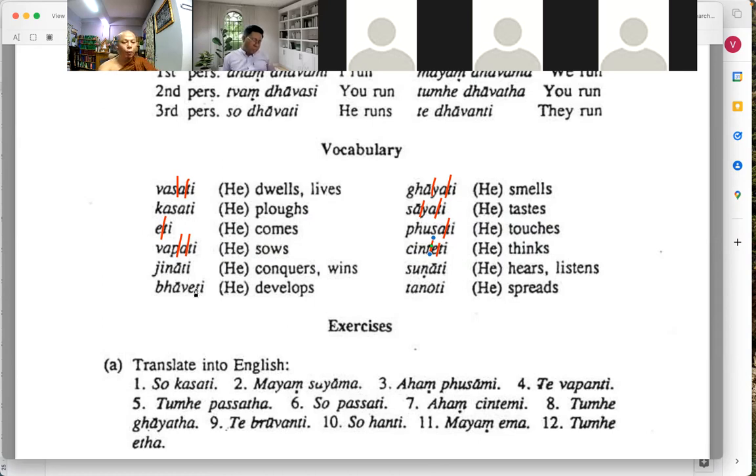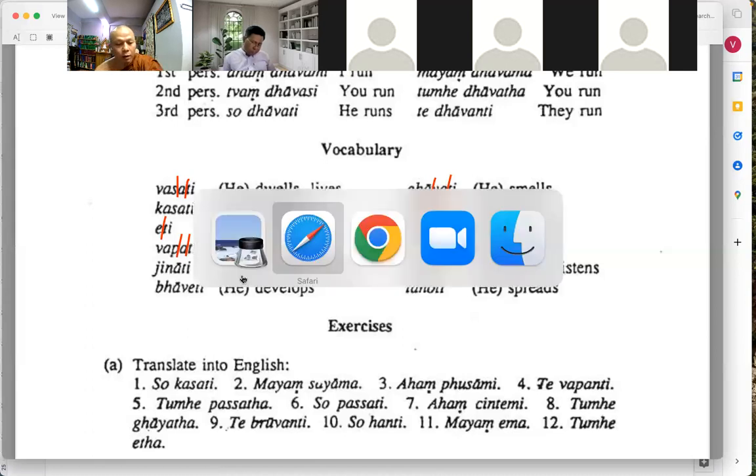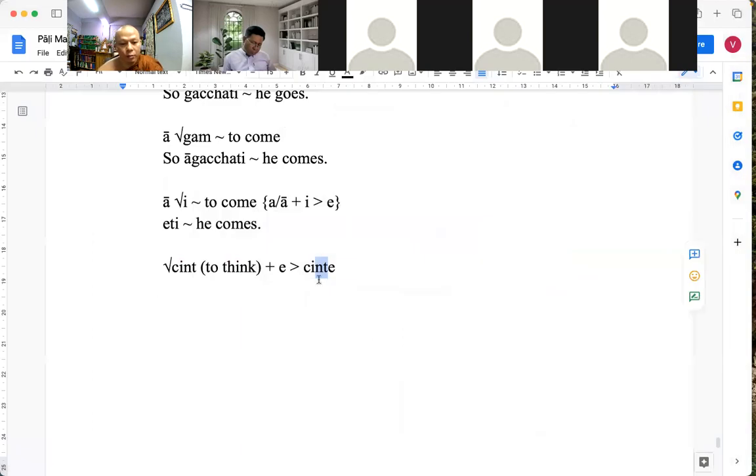And then Bawi, that Bawi also we already learned. Okay, so Bawi, related to this root, we need to know. So actually the root is boo, to be or to become.